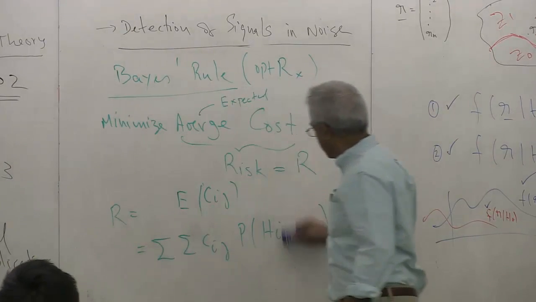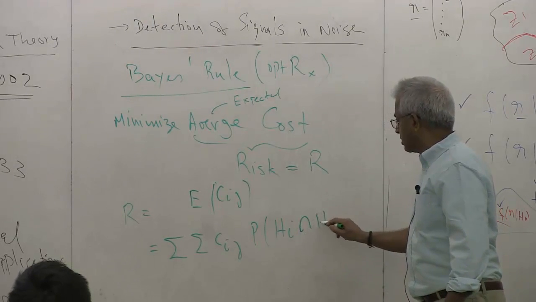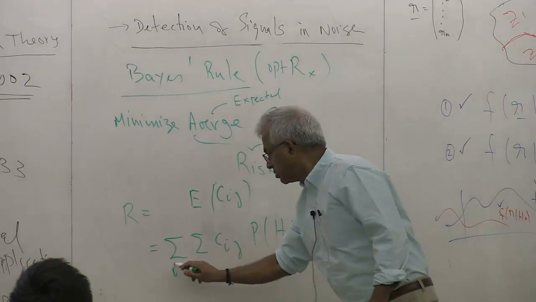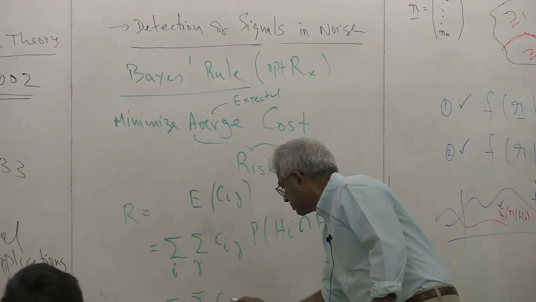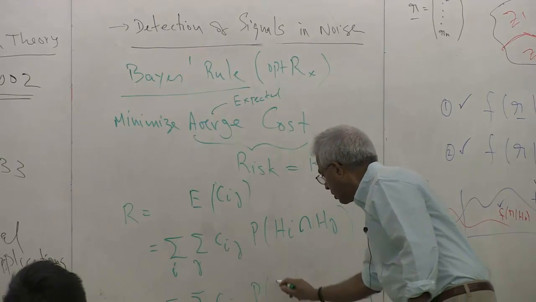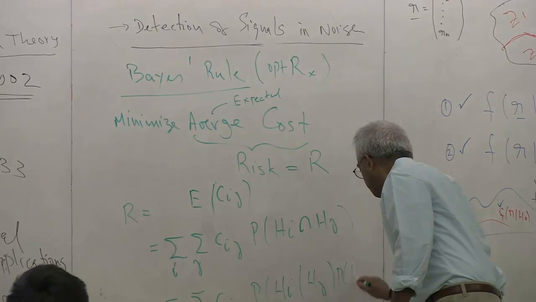You can write it in two lines; I already wrote it there for you. It's Hi intersection Hj, so this is the sum over i and j, Cij, P(Hi given Hj) multiplied by P(Hj).